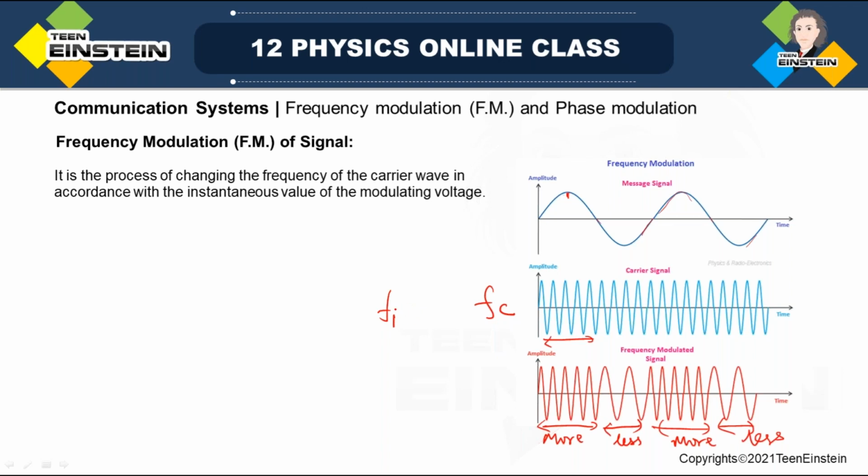So frequency more and less, both you have. In the modulated carrier signal, you have frequencies both less and more. Suppose this is f2, and this side is f1, and carrier.